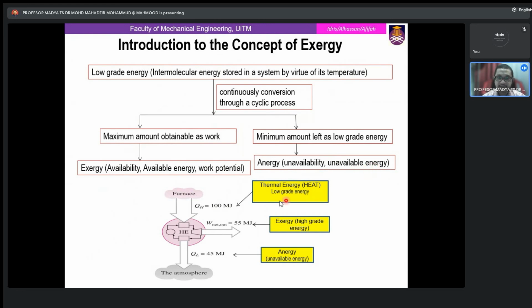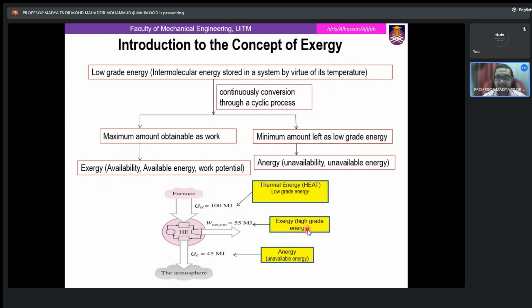So here are some figures that you can use to understand low grade energy, exergy, and also anergy. For the low grade energy, the heat goes to the low grade heat.